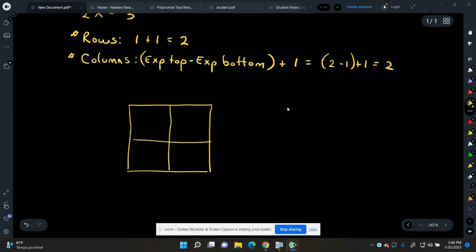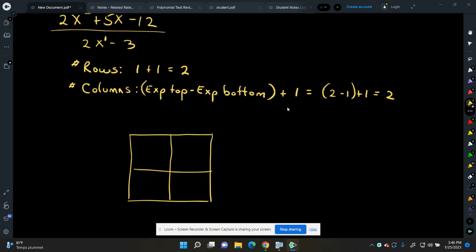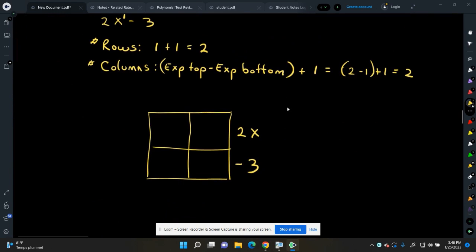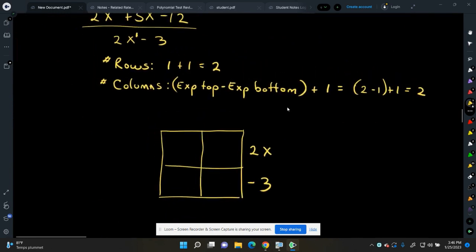Okay. Now I've got 2x minus 3. Just to be a little different, I'm going to put that on the side. And again, it doesn't matter. The last problem, we put it on top. This time, we're going to put it on the side. Okay?